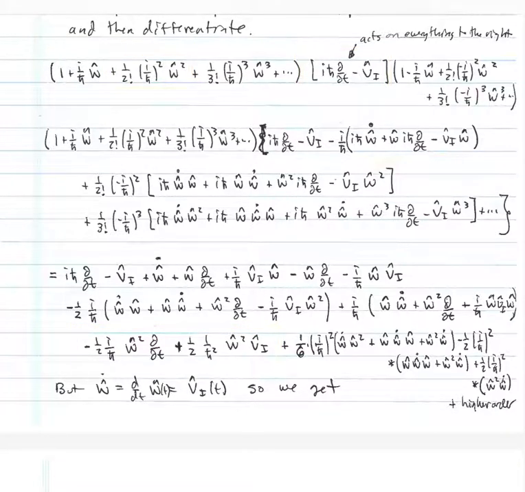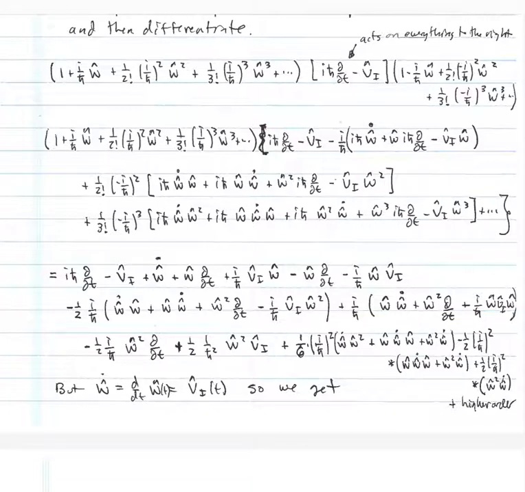All right, now the next collection will be the cubic terms, and I'm not going to read them out explicitly for you, but again, what we do is we multiply the 1 times the cubic terms, we multiply the w times the squared terms, we multiply the w squareds times the linear terms in w, and we multiply the w cubed times the derivative and the vi term. And I don't even think I wrote all of the w cubed terms down there. And the rest end up being higher order.